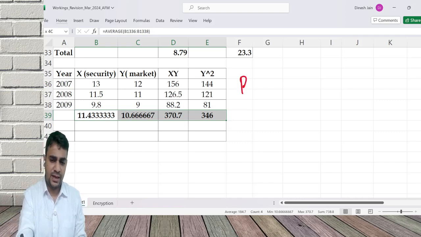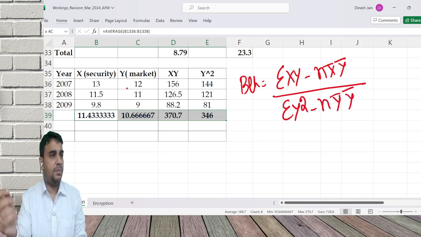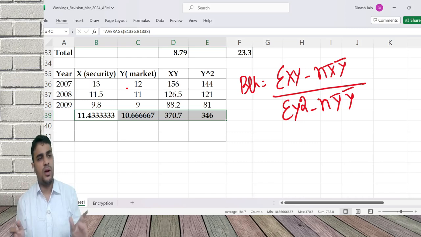Very simple. Beta is equal to sigma xy minus n x bar y bar, divided by sigma y square minus n y bar y bar. Assume you forgot the formula; you will have to go through the 10 column format.